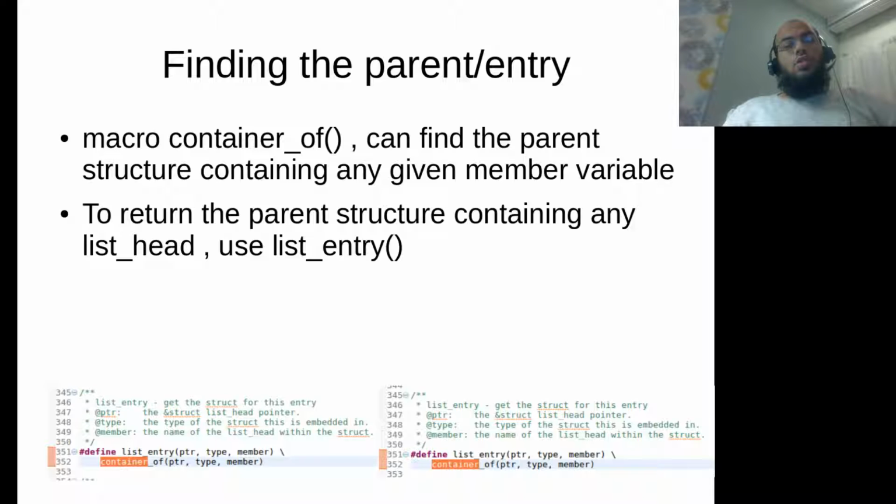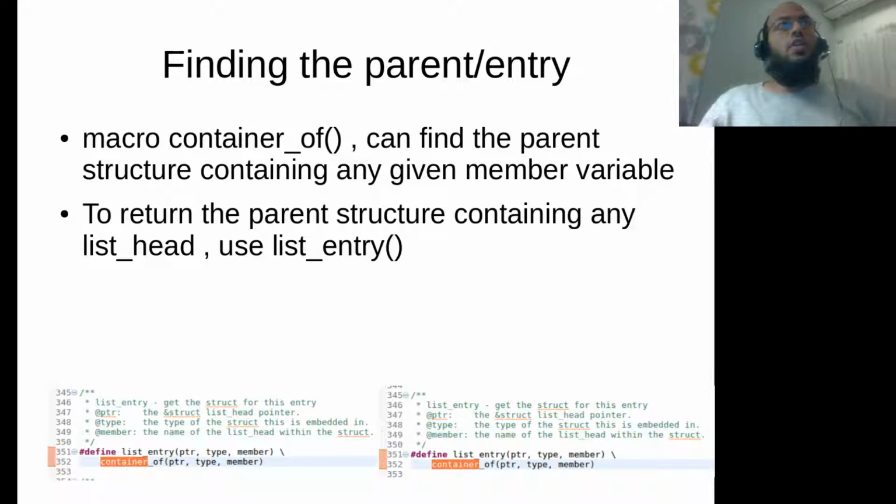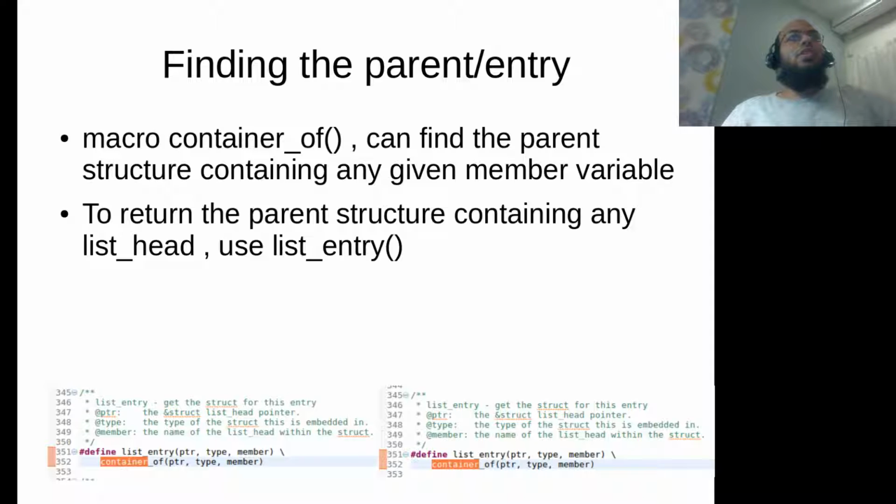Using container of, we do not really use that macro in our code, but we use either list head or list entry. I unfortunately cut the wrong part of the code here, so both of them are list entry, but you can go to list.h and also look at list head.